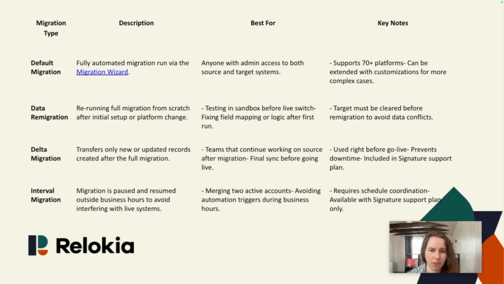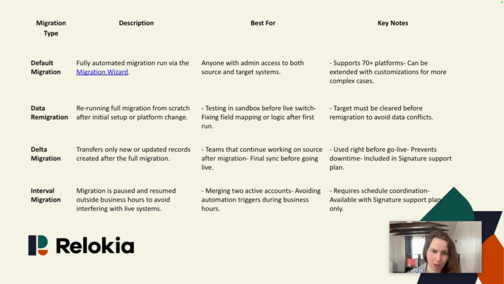This interval migration is needed when you need to disable the notifications on the target account during the migration, so we can migrate the data only when your team is offline. So basically, when you migrate the data, you need to disable notifications. You cannot use your target account, and you migrate the data only when your team is offline.